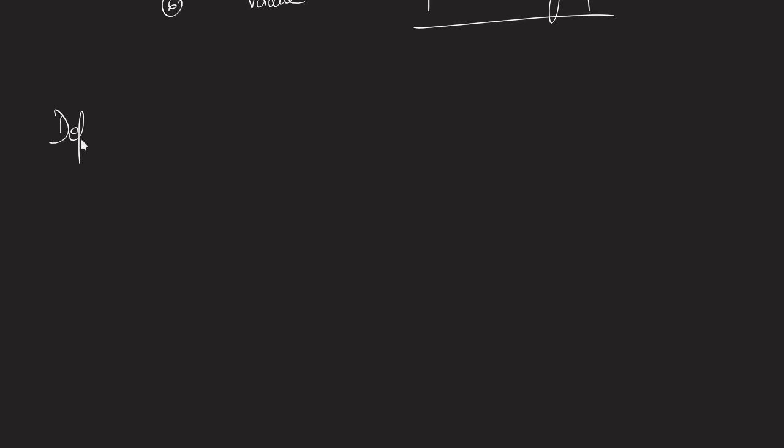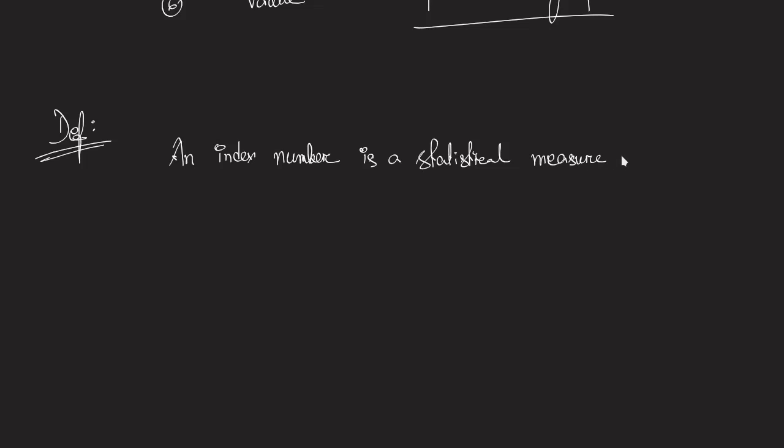Now if I have to write a definition of index number: an index number is a statistical measure which is designed to express changes in a variable.